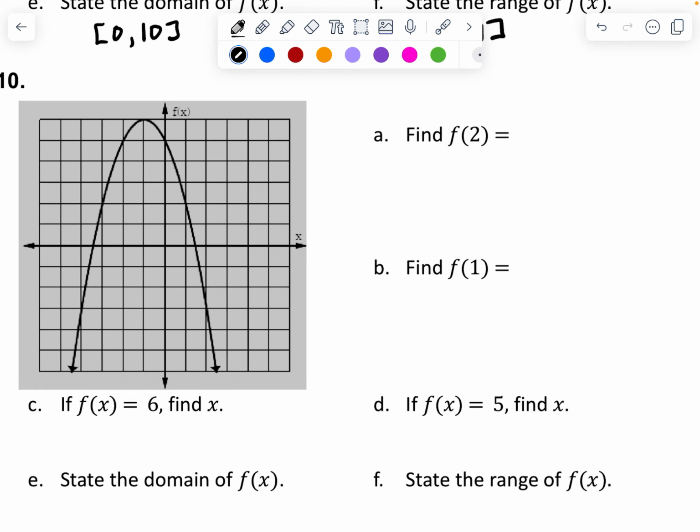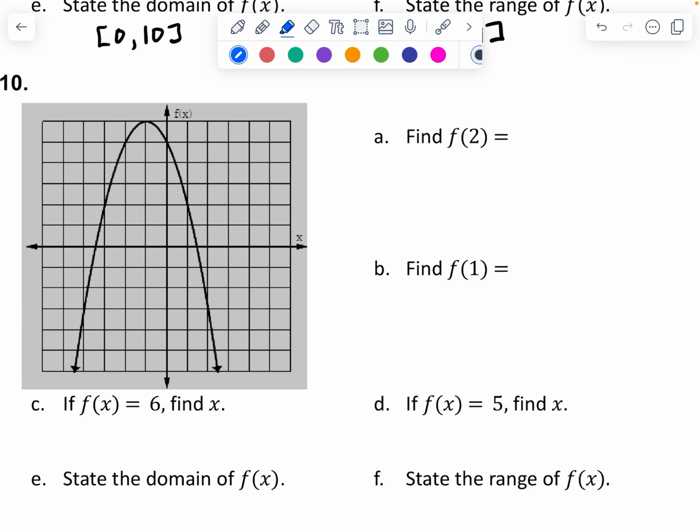Number 10, find f of 2. So I want to find where x equals 2. That would be right here. So let's go down to touch the graph, and the y value that lines up with that is positive 2.